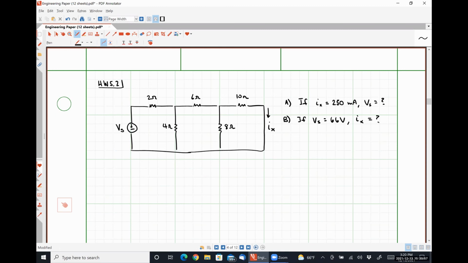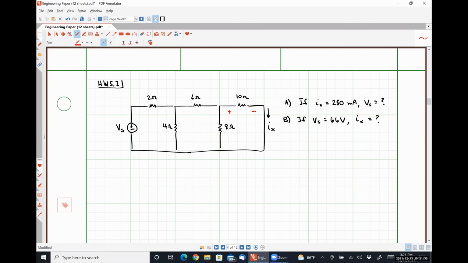Somebody pick. Pardon? The first one, where we know what Ix is and we're trying to find Vs. Okay. So if Ix is 250 milliamps, we now have enough information to figure out what the voltage drop over the 10 ohm resistor is, because we know the current flowing through it and the resistor value itself.